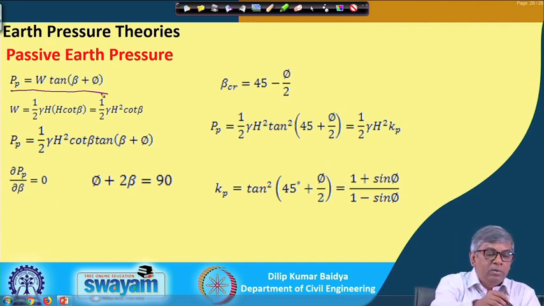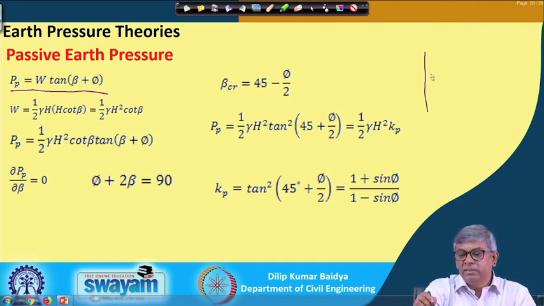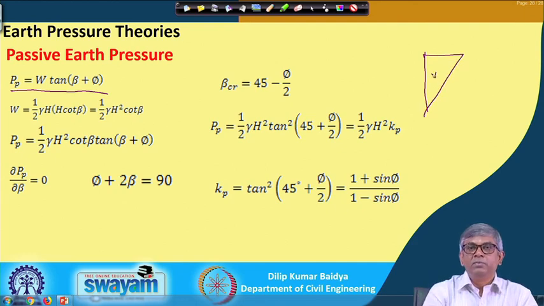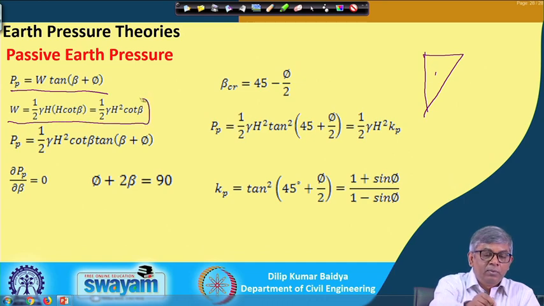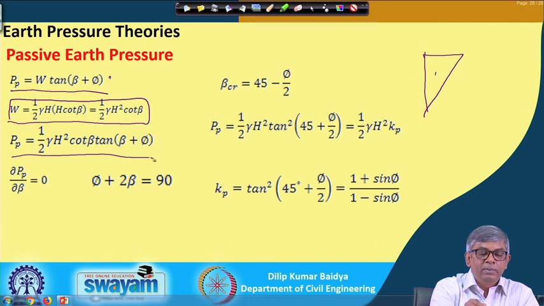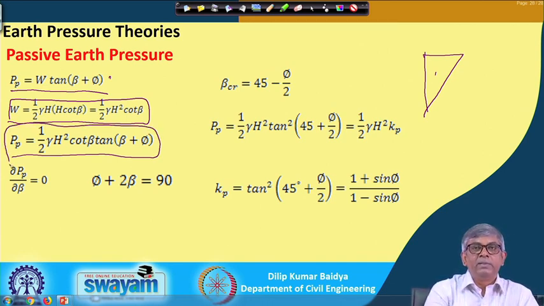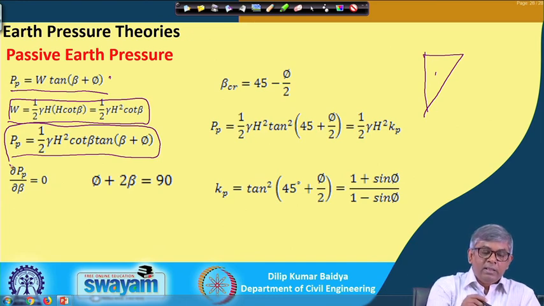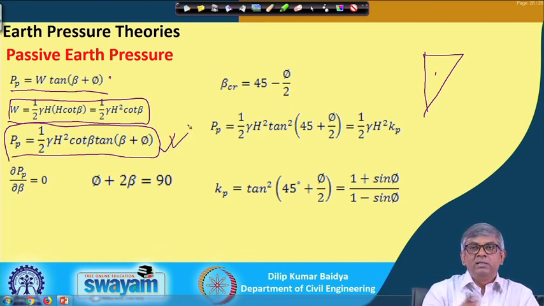And W again, similarly, if this is the wedge, then the volume of the wedge is obtained and multiplied by gamma, and that becomes W. Substituting this W, P p becomes half gamma h square cot beta tan beta plus phi. As I have told you, P p is a function of beta now, and this function can be maximized.